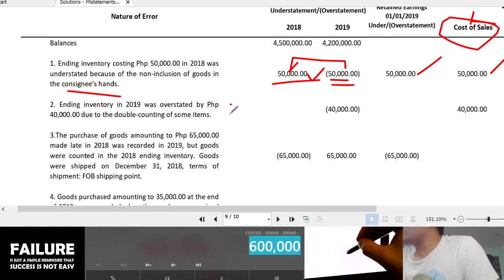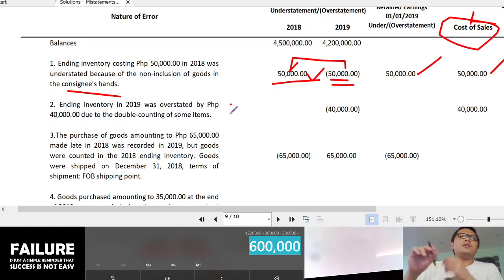Next, in 2019 daw, ending inventory was overstated by 40,000 due to the double counting of some items. 2019 to ha. So, pag overstated yung ending inventory mo, opposite ng understatement tulad dito sa transaction 1 natin.